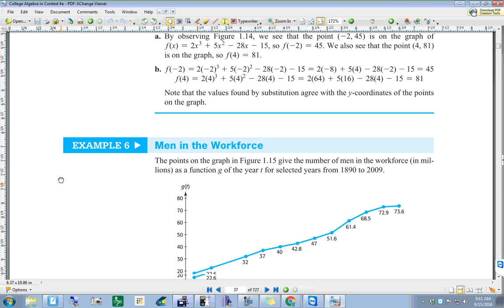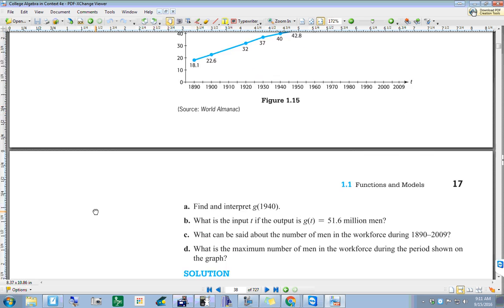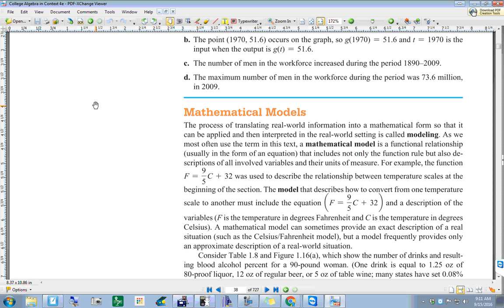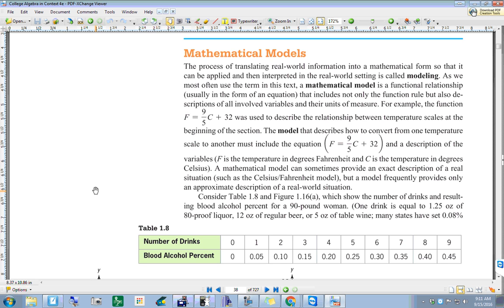Mathematical models. Now, a mathematical model is nothing more than a formula. Something that describes how to get somewhere. A recipe for baking. It's a formula.